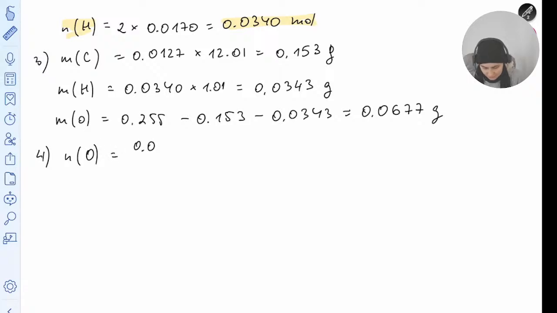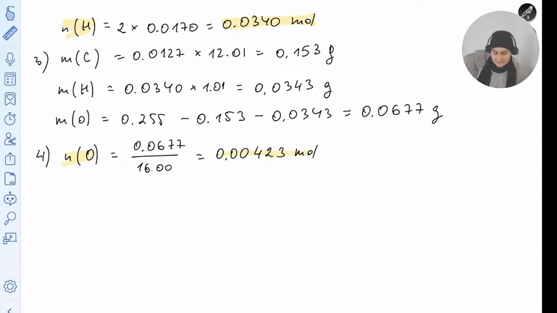So 0.0677 divided by 16, which is 0.00423 moles. Right, that's the final thing. And now we will see if we messed up somewhere.